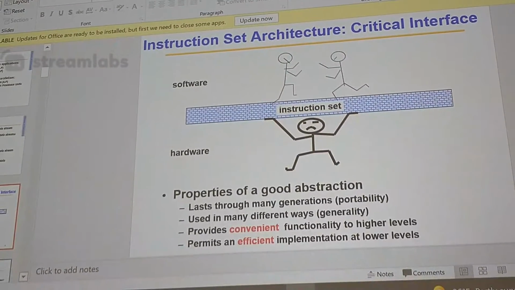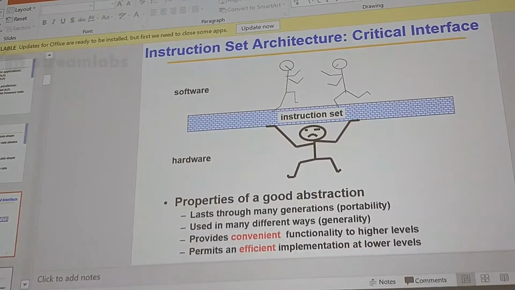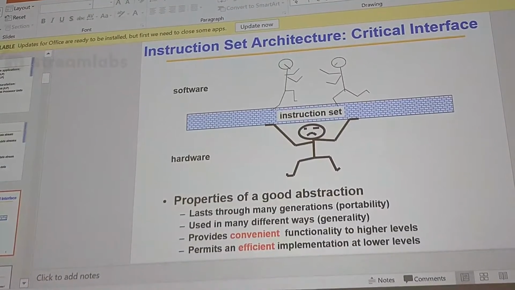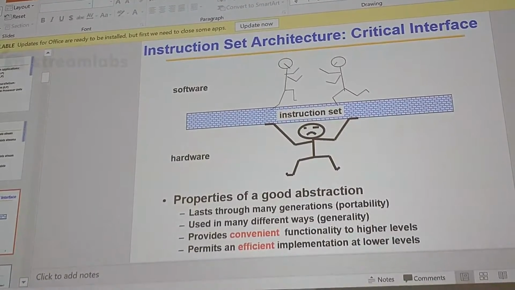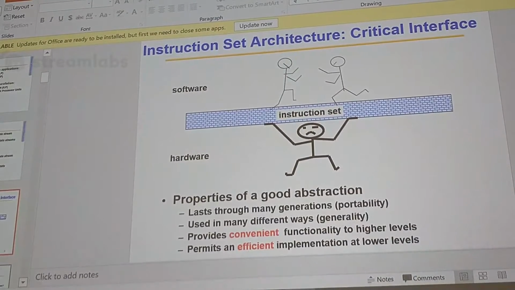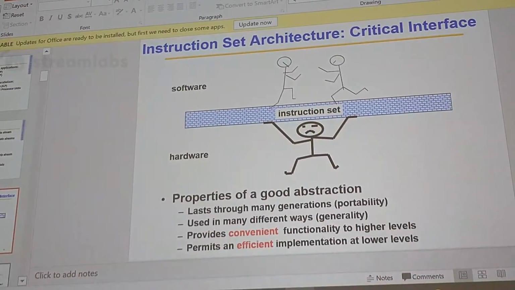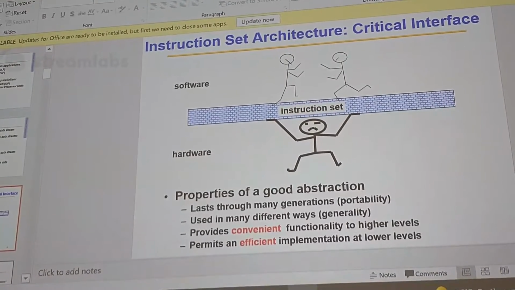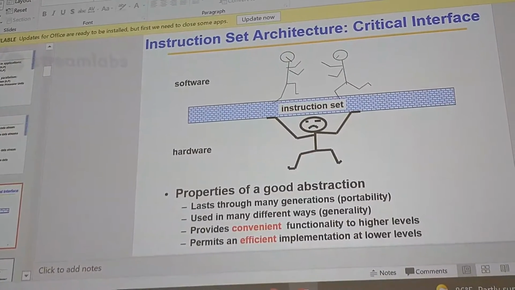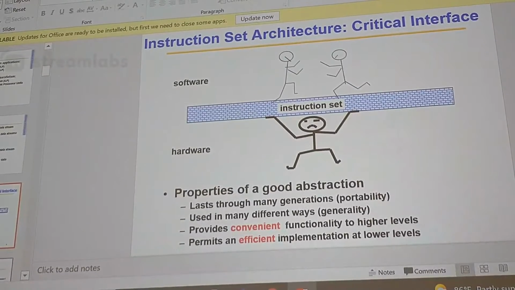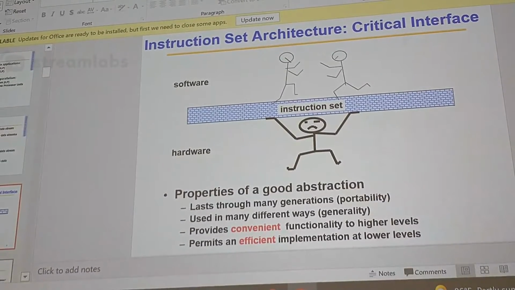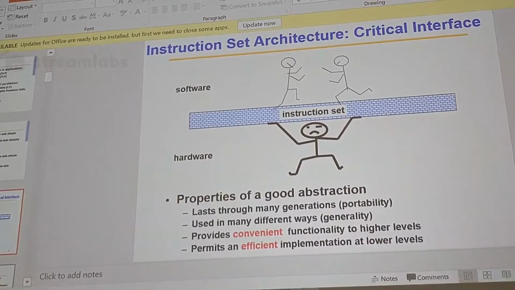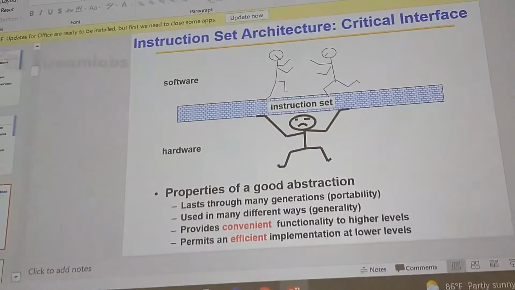Another one would be ARM. Then x86, yeah, definitely x86. Then PowerPC from IBM, etc. So if you look at some of the successful ISAs, what is common about them?